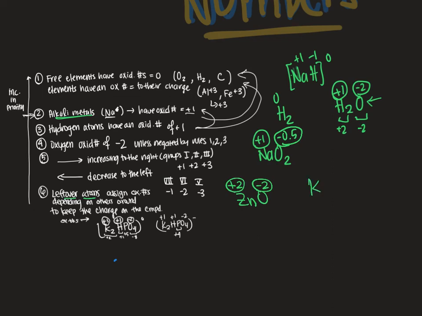This one kind of shows up a lot, so let's go ahead and do that. I don't know, chemistry professors love this one. So potassium, manganese, and oxygen. This is kind of like the one we did earlier, but potassium has a +1 because it's an alkali metal. Oxygen has a -2 because of rule number 4.